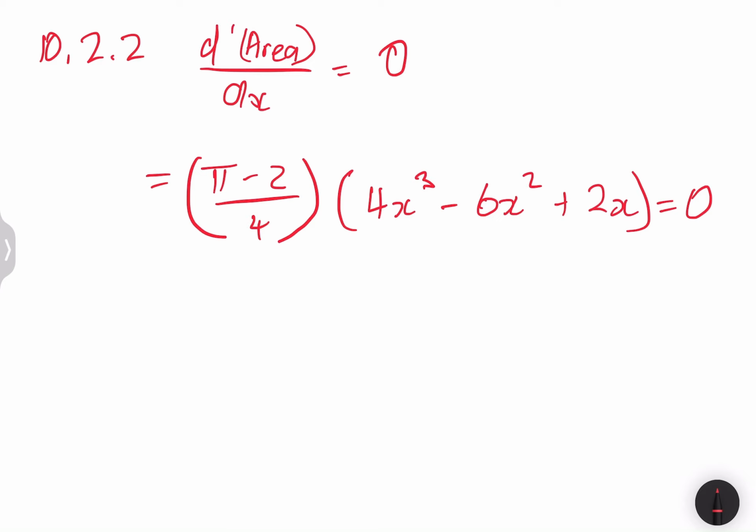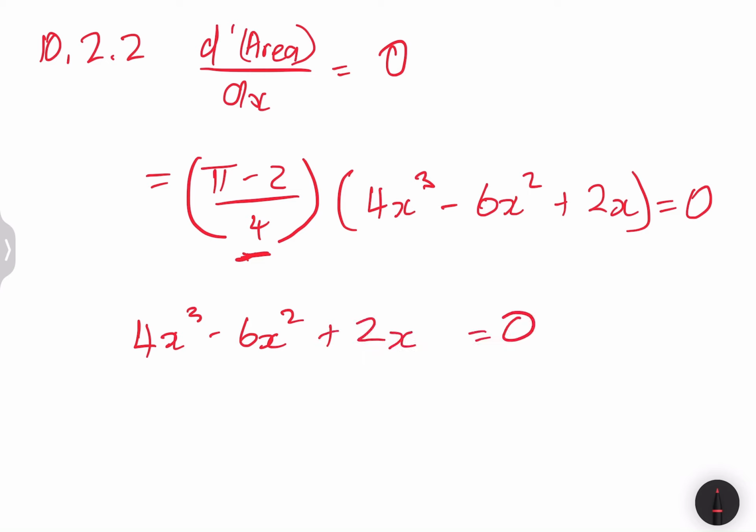I want you to note, in this case, we can drop this guy down. We can divide by this on both sides, and 0 divided by that will still give you 0, right? Because it's still a number. So I can be left with 4x cubed minus 6x squared plus 2x equal to 0.